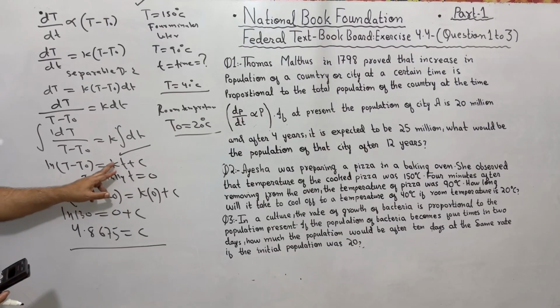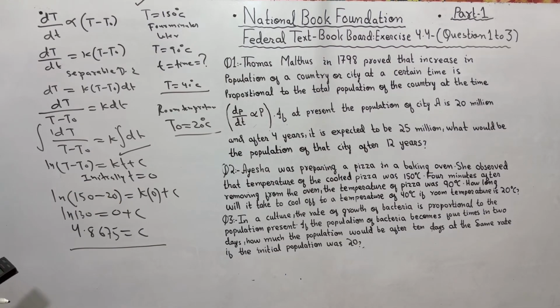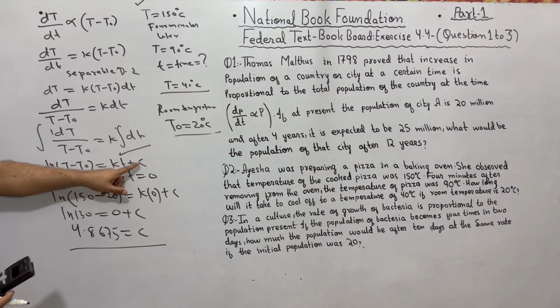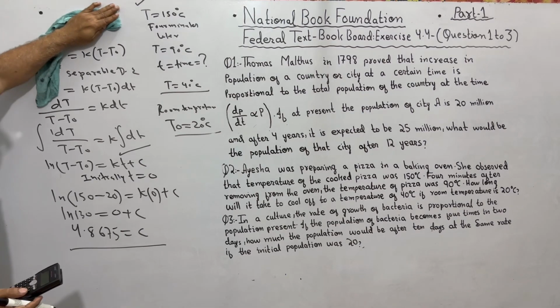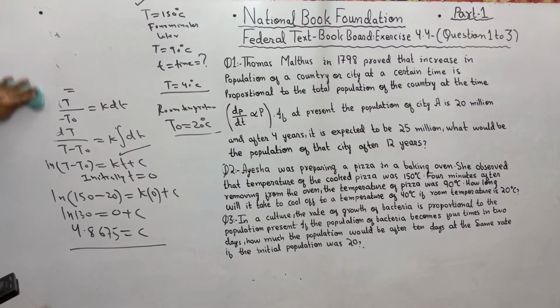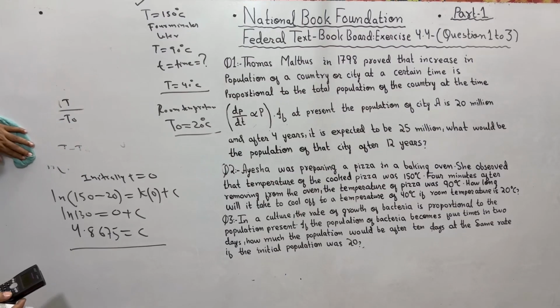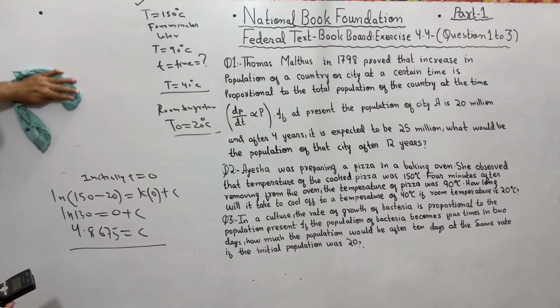We have managed the value of C. Now we are interested in k. First we find C, then we find k, and then we embark upon the journey, whatever we are asked to find or do finally. Initially t is equal to 0.